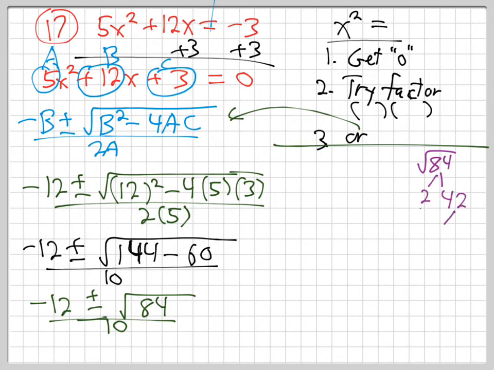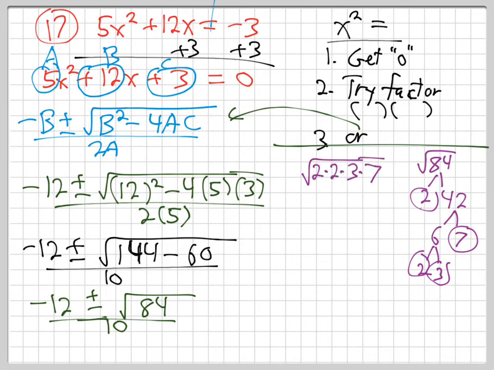2 times 42, 6 times 7, 2 times 3. So it's 2 2s, a 3, and a 7. Remember, use all the little numbers that won't break down anymore. That's the square root of 84.